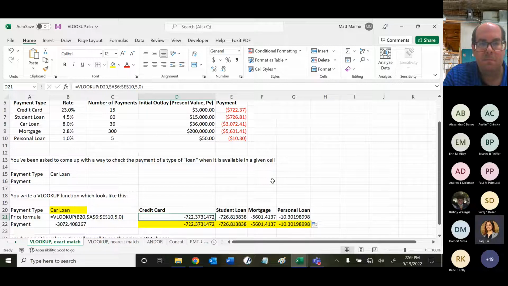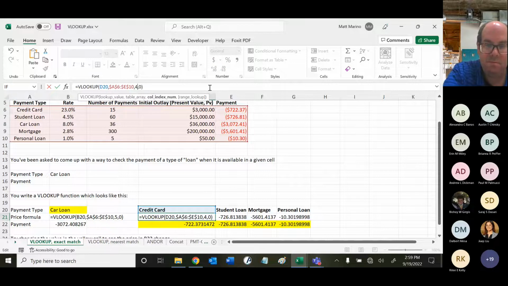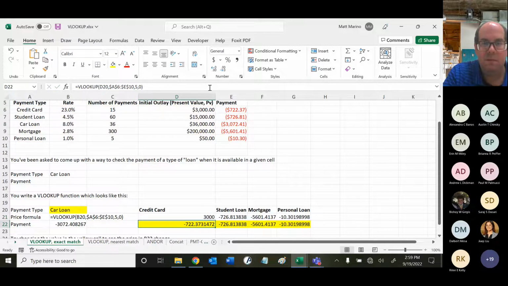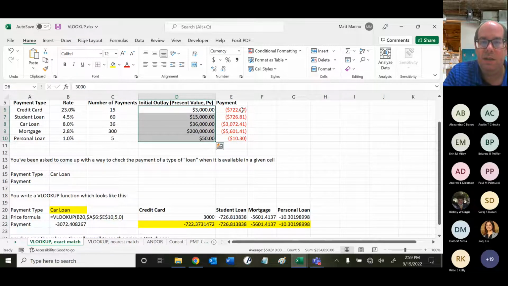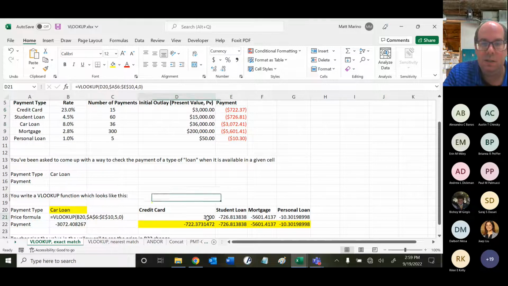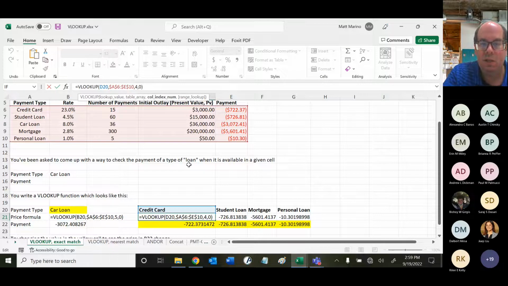You would do 4 columns instead of 5? Yep. Everybody see what we did there? If we decided instead to look up the present value instead of the payment, we changed that 5 to a 4. What if I just wanted the number of payments?